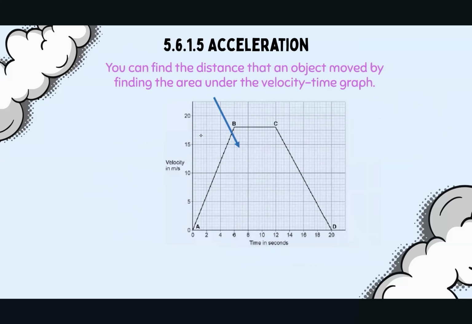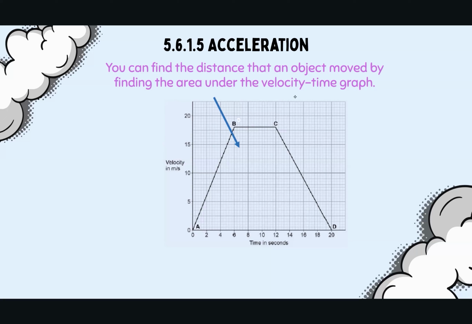And when you're using a velocity time graph, how do you know how far someone has traveled? We know because of the area under the graph.